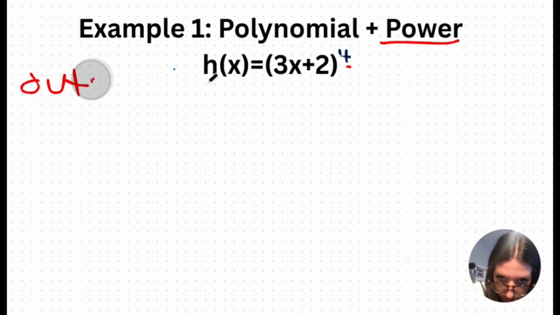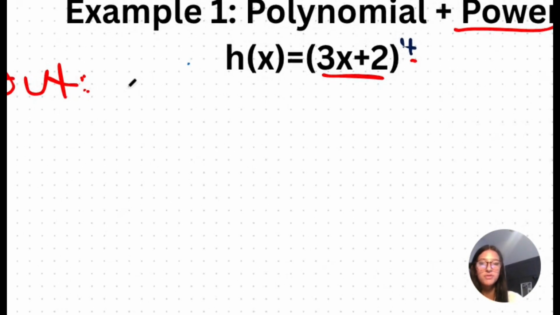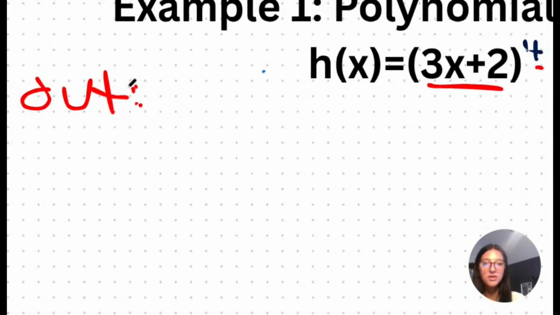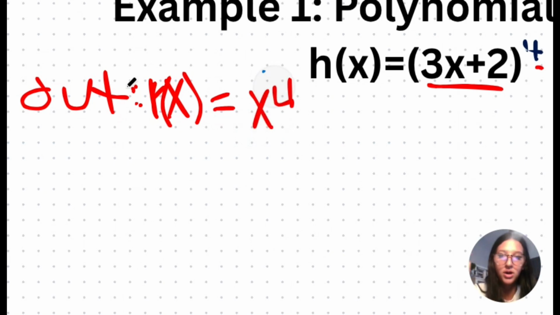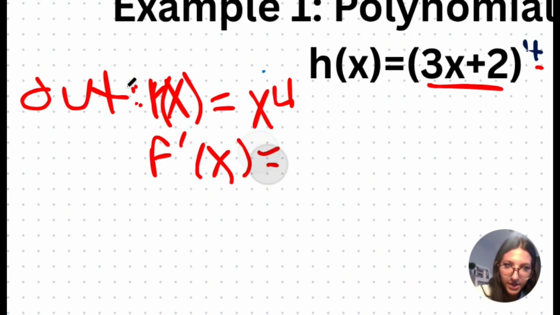If we're plugging 3x plus 2 into something to the power of 4, and x is our most common variable, our outside function is most likely f of x equals x to the power of 4.